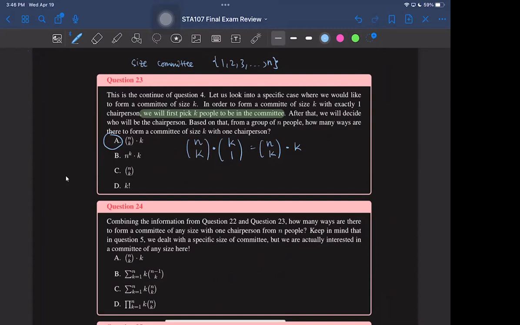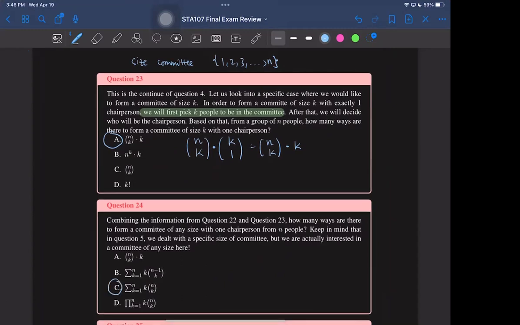Let's wait for 2 more answers from the students. Okay, so the majority of you chose C. That is good. Because what it says is, given a committee of specific size k, then we have this many ways to do it.